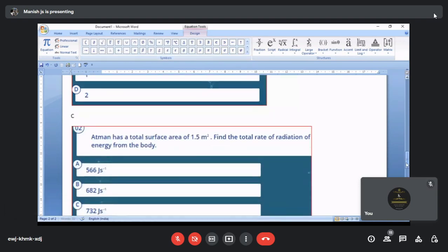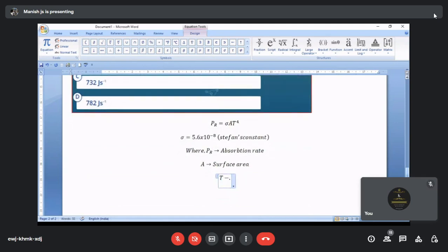Surface area has to be in meter square, and it is already in proper units. This is what we should use for these kinds of questions. Now calculate and tell me what you are getting.